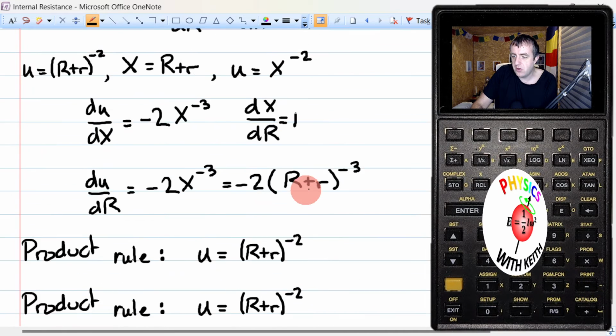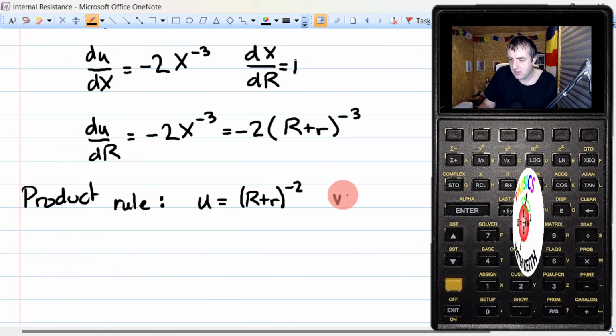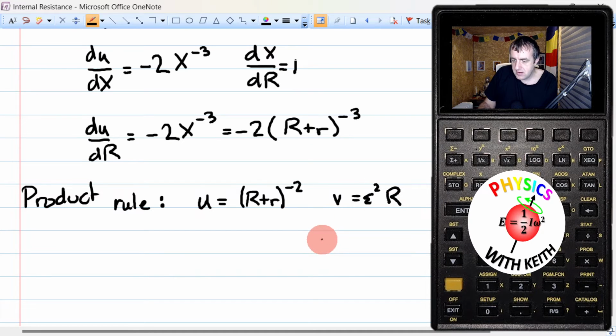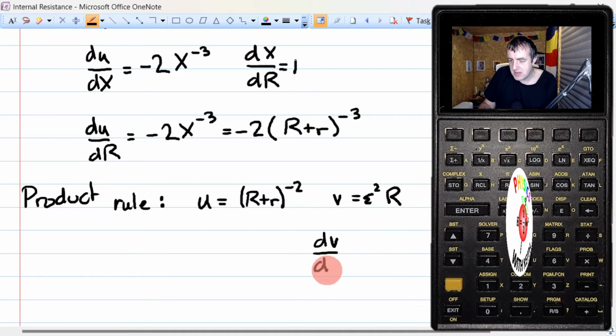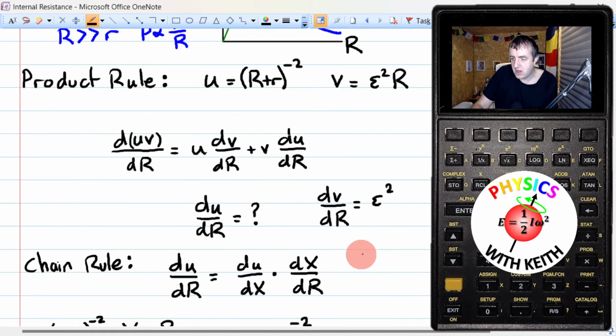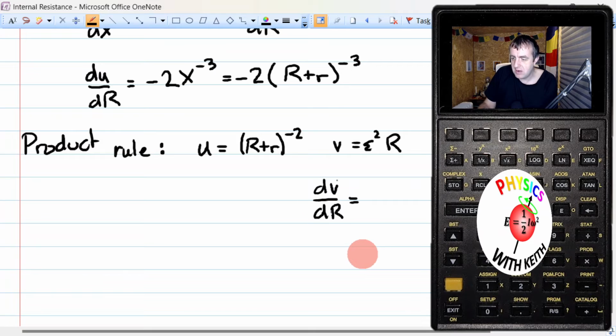V was equal to epsilon squared r. dv by dr was equal to epsilon squared.